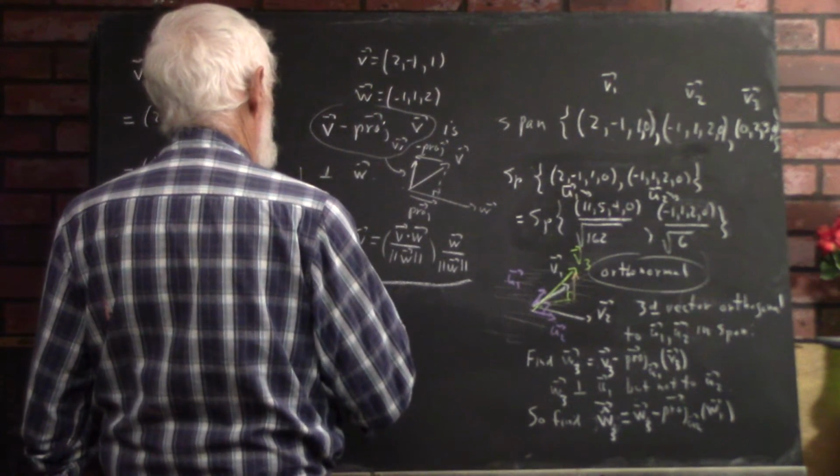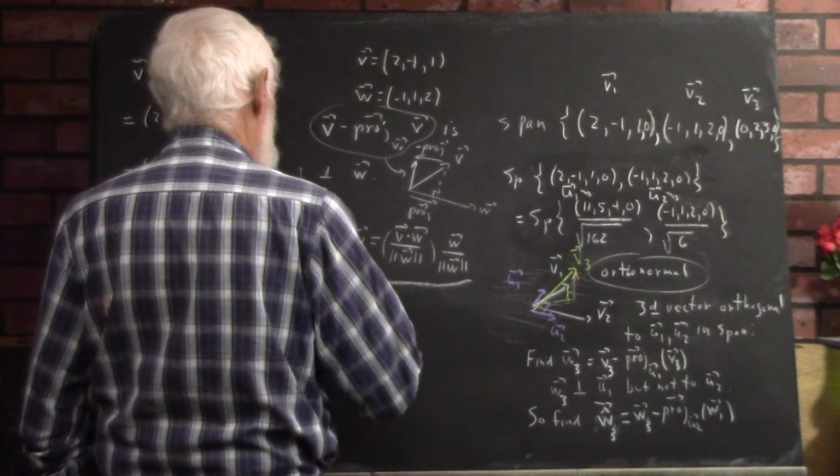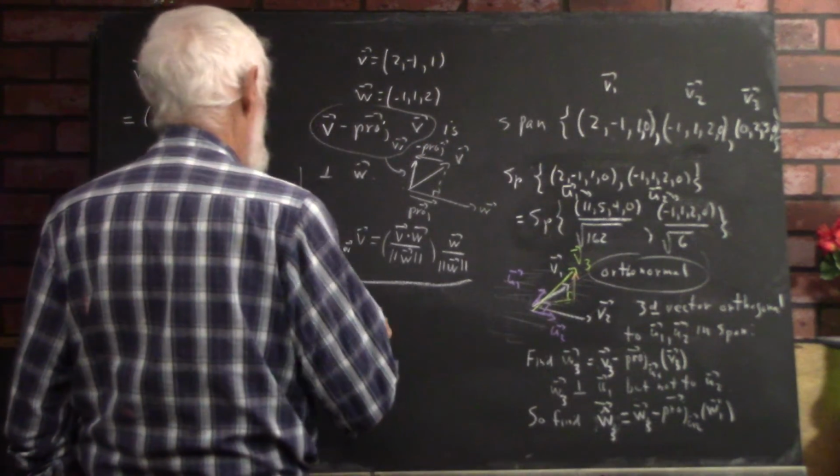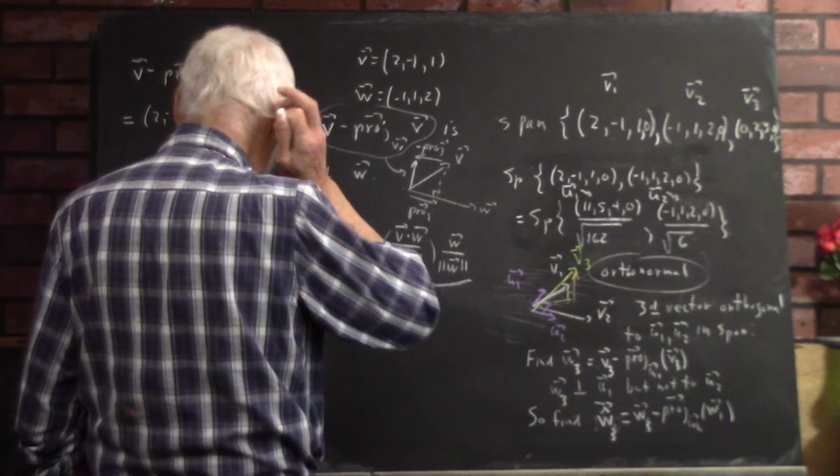So that's going to be V3, well, it is V3 minus the projection on U1 of V3. I'm just going to write out the vectors.